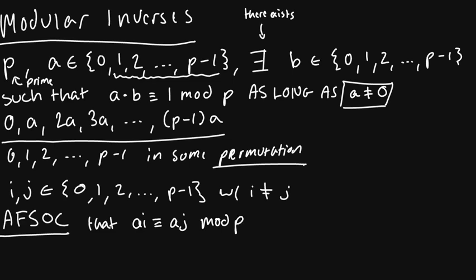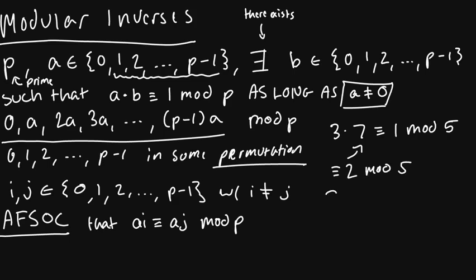By the way, when I say this, I'm talking all of this in mod p. So, like, in other words, 3 times 7 is congruent to 1 mod 5. For 7 is congruent to 2 mod 5. And 3 times 2 equals 6, which is 1 plus 5. And so it's 1 more than a multiple of 5. That's what we mean by mod p. So we're working entirely within mod p.